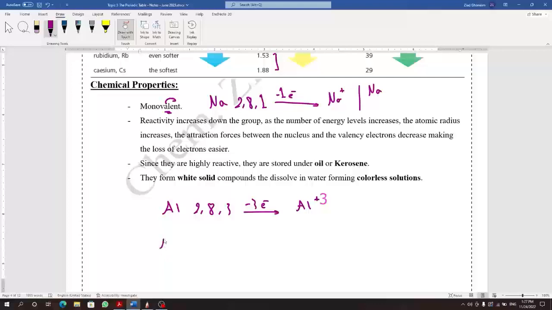Manganese, for example, is a transition metal. It can participate in chemical reactions by losing 1 electron, 2, 3, 4 electrons, all the way up to 7 electrons. So you can't say that manganese is monovalent, right? Because it can participate in so many different ways.